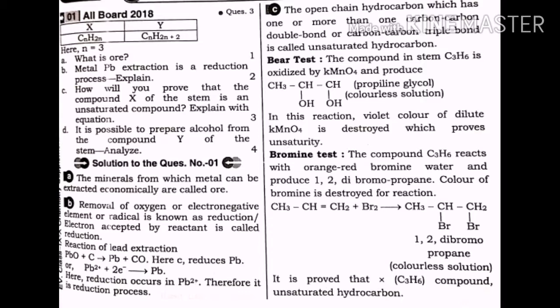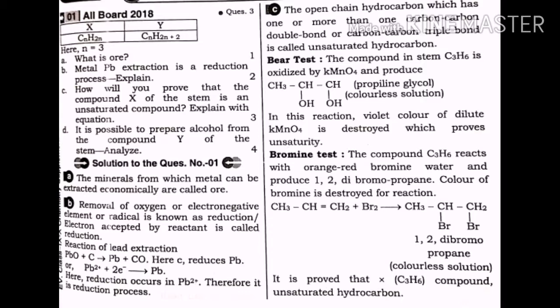Now discuss it. The compound in the stem, C3H6, is oxidized by KMnO4 and produces CH3CHOHCH2OH, propylene glycol, a colorless compound. It has another name, propane-1,2-diol. In the answer script there is a mistake.